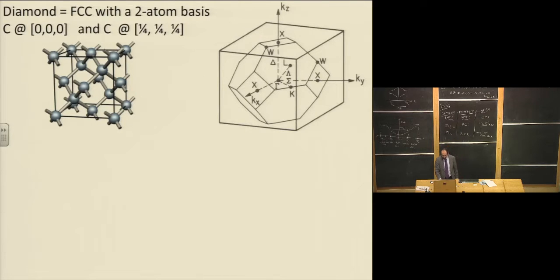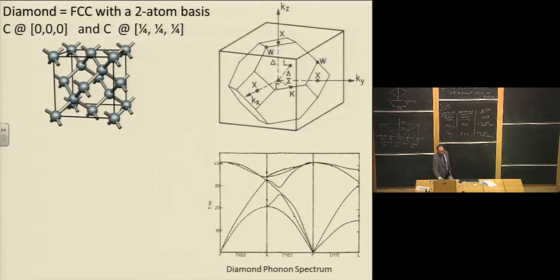So here's a picture of the diamond phonon spectrum. The way it's drawn is that you take cuts through the Brillouin zone along certain directions that you're interested in. Here the frequency is vertical, and the k vector is horizontal. This is cutting from gamma to X along the 1, 0, 0 direction, along this dotted line here.